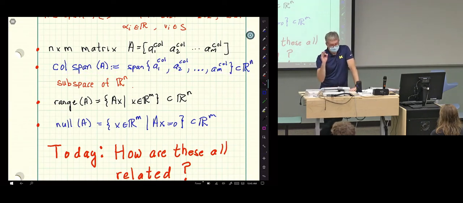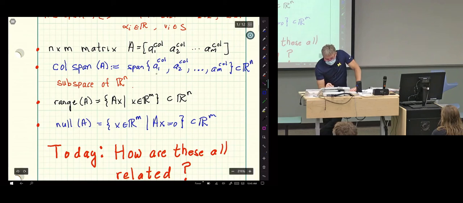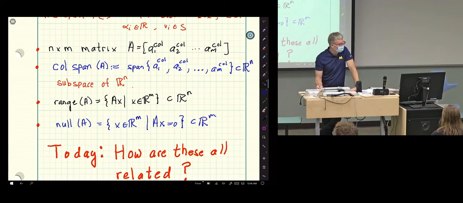What is the rank of a matrix in terms of something we kept saying over and over again, a method for counting something? What were we counting when we were looking at uniqueness of solutions of AX equals B and existence of solutions? Somebody?